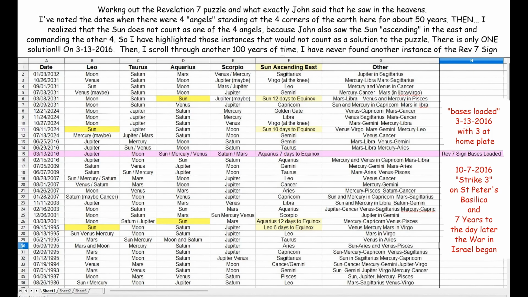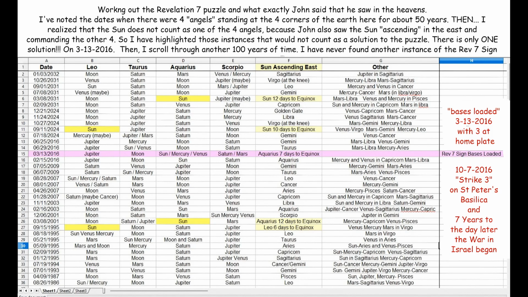So if you see in bright yellow the 4 instances where the sun was rising near an equinox, but it was the only one occupying that base, that's not what John saw. So those dates don't count, do they?